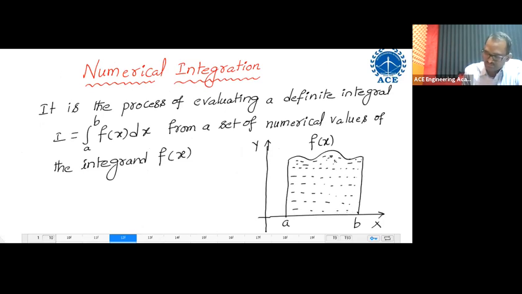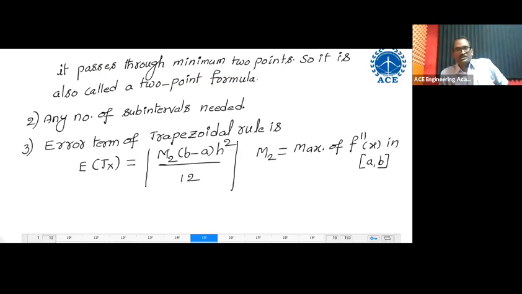At which particular point you get F double dash X as the biggest value, that value should be taken as M2. That value is M2. This is the error term.